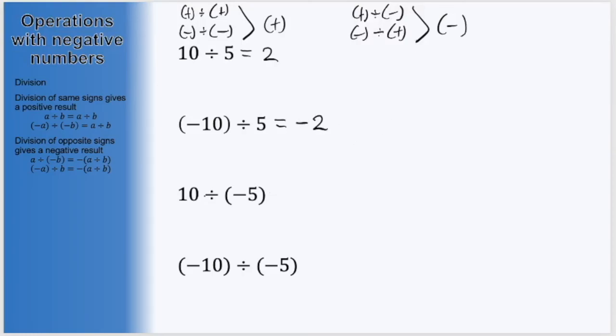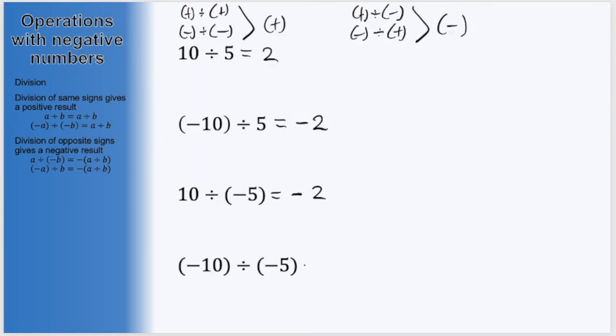We'll see the same thing for 10 divided by negative 5. 10 divided by 5 is still 2. We have a positive divided by a negative, so we're dividing opposite signs, which means we have an overall negative in our result.